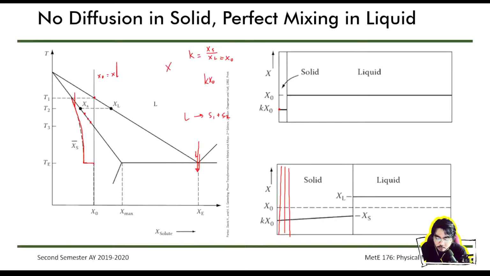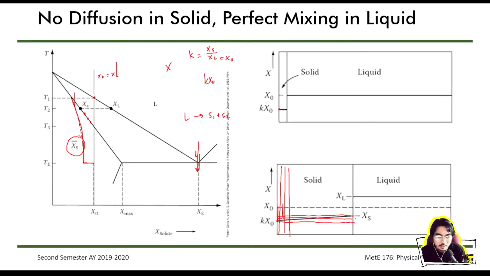Which is to say that the mean composition, this X bar S, is now different from the composition of the alloy or the composition of the solid-liquid interface. Because earlier, when we had diffusion, our XS was always being raised. For example, when we started with KX naught, as the composition increased, the level of concentration also increased all throughout the bar, because diffusion is occurring.